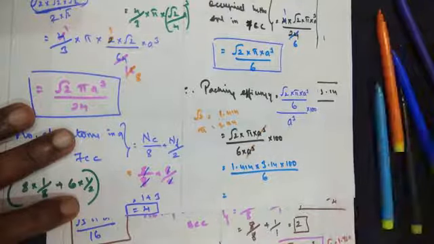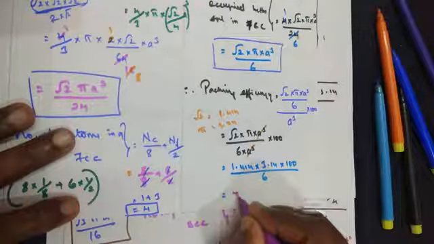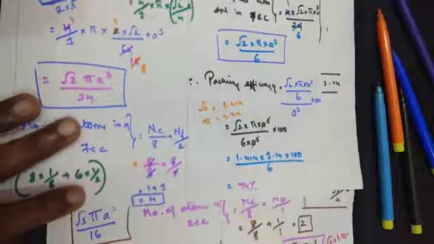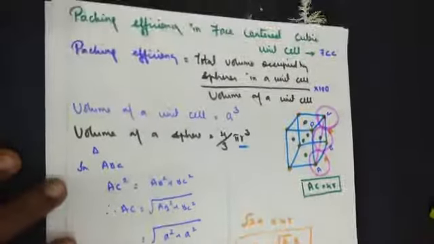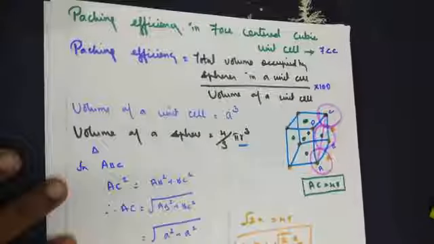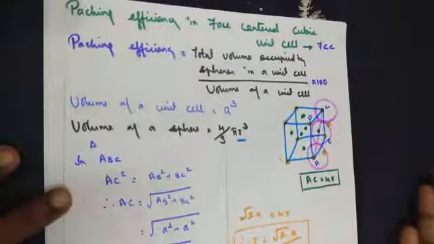So the final answer comes up to 74%. So this is the volume of the spheres occupied in a face-centered cubic unit cell. So this is how we have to calculate the volume packing efficiency in different cubic unit cells, may it be simple cubic, body-centered or face-centered.